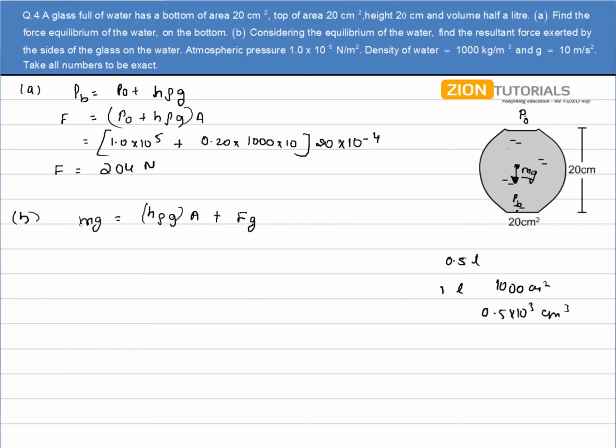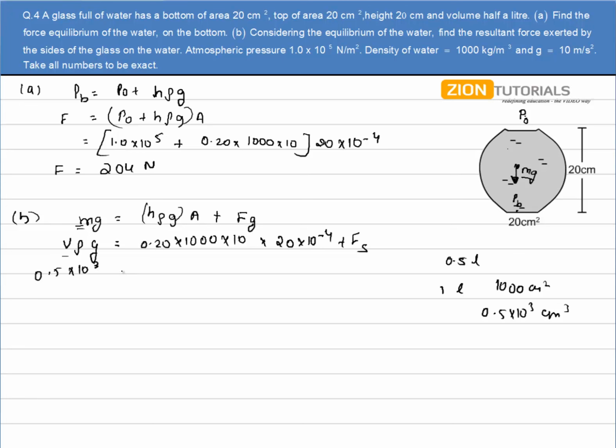So mass is volume into density, and that is equal to height, that is 0.20 into 1000 into 10 into 20 into 10 to the power minus 4, plus the force exerted by the sides. The volume is 0.5 into 10 to the power 3 centimeter cube.